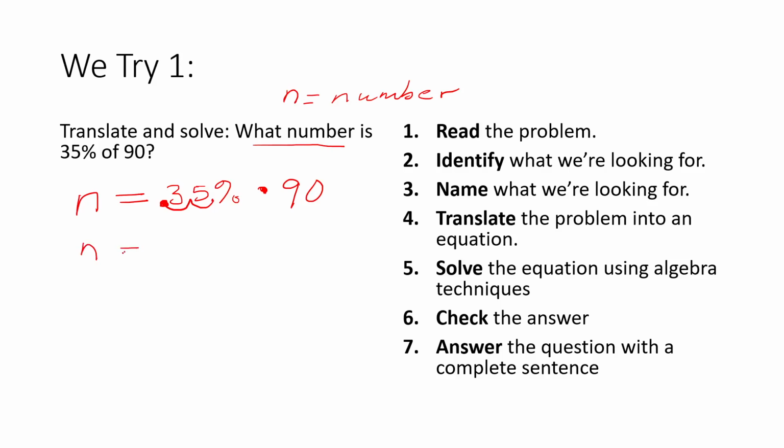So that'll give me n is equal to 0.35 times 90. If I pull out my calculator, 0.35 times 90, I get 31.5.